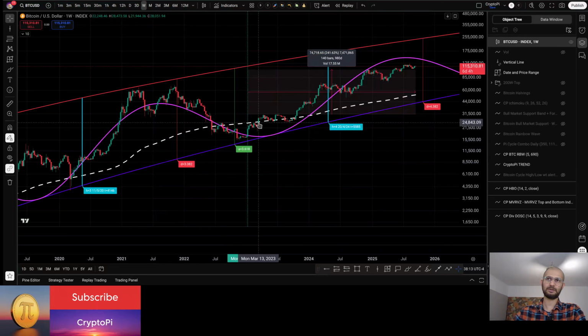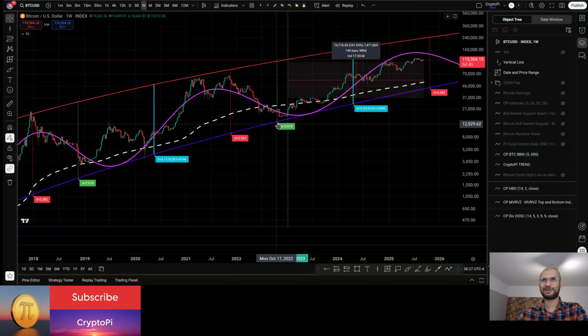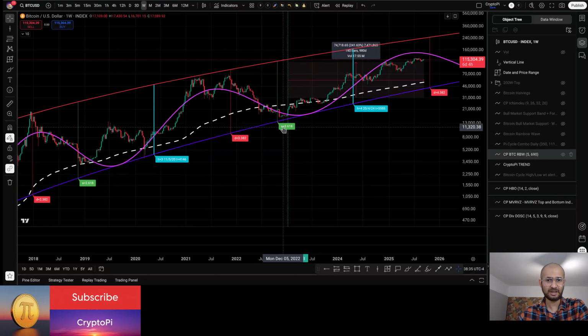Although some people mark the crossing of the price over the 200 week as the start of the bull market, given what this particular indicator helps us understand from historical data, crossing of price over this wave somehow indicates that we are in the accumulation zone.